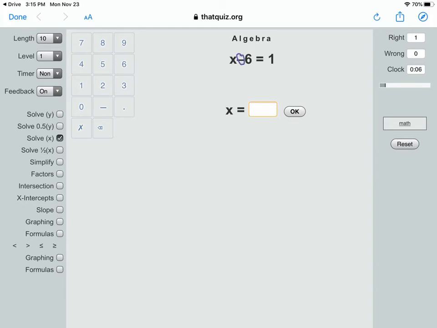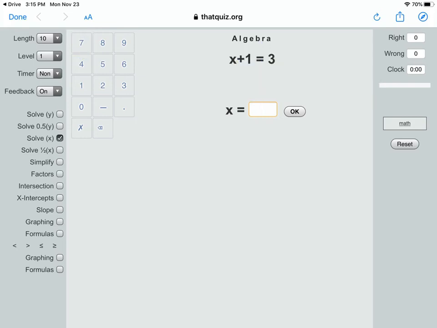So the inverse operation would be to add 6 to both sides. When you add 6 and subtract 6, that's 0, so we have just x equals, and then 1 plus 6 is 7, so you're going to pick your 7 choice over off to the side.